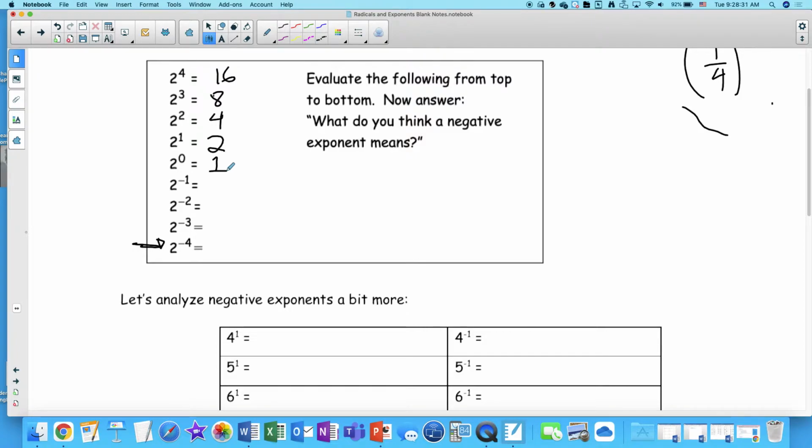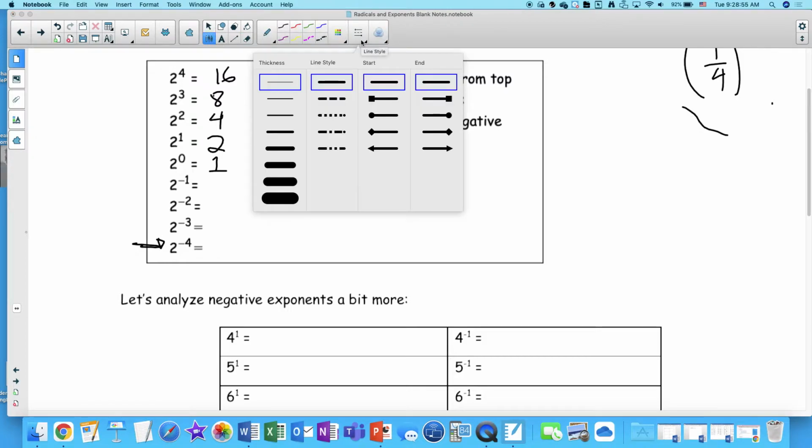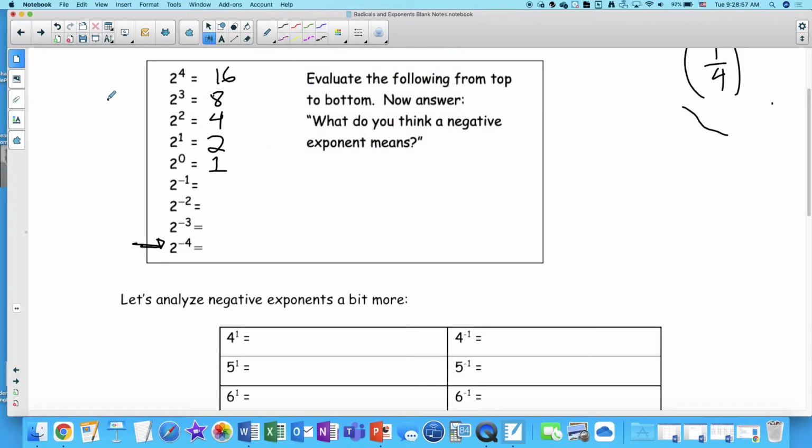But let's just talk for today about what's going on. What's the pattern on the left? With every lower exponent by 1, the answer is, wait, 1. So I just want the left side. What's the pattern? How would you know what to put in the next line of the pattern? Each exponent decreases by 1.